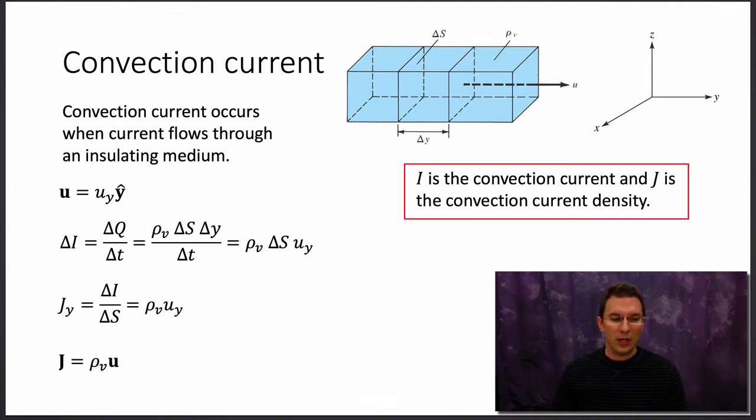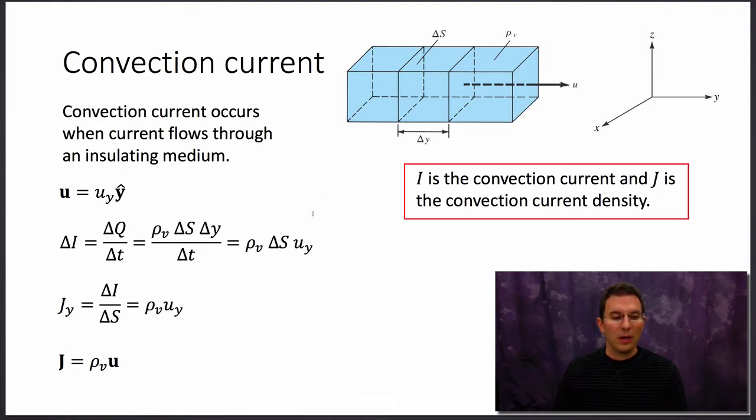So delta I, the current flowing through this cross-sectional area, is related to the volume charge density, the cross-sectional area, and the velocity in a direction normal to that surface.